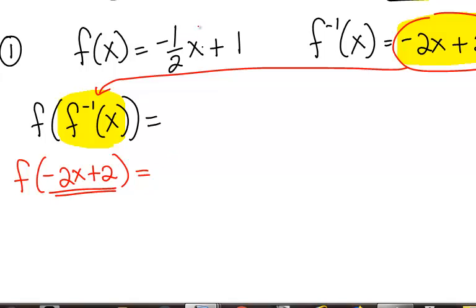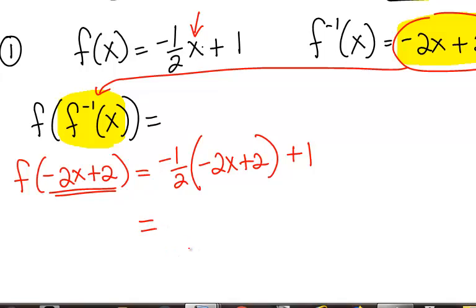So negative 1/2 times negative 2x plus 2, and we still have the plus 1. Multiply that out. Negative 1/2 times negative 2 is just 1x.